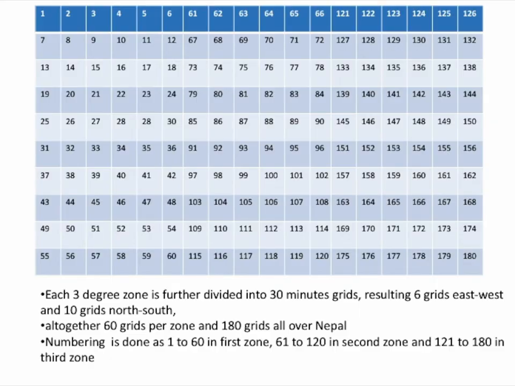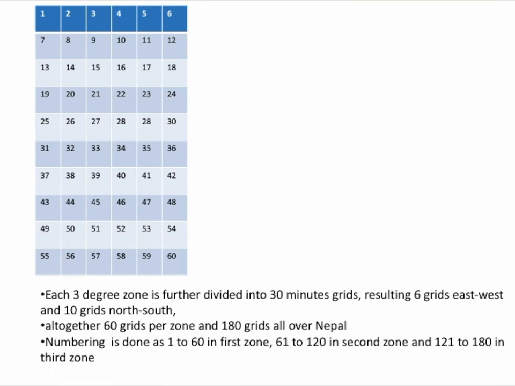The numbering is done starting from the top right-hand northeast corner to the lower bottom corner, and the numbers are divided into 3 zones.